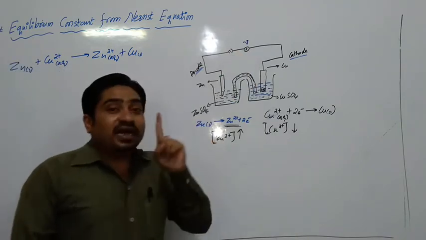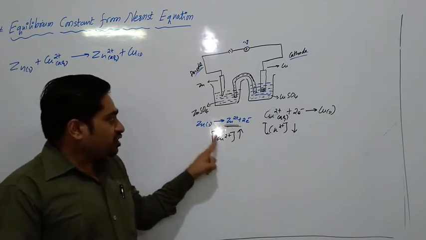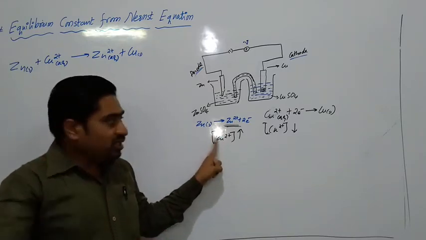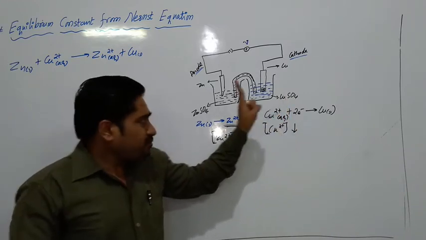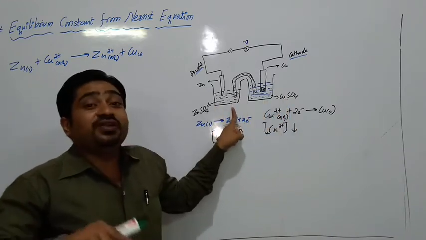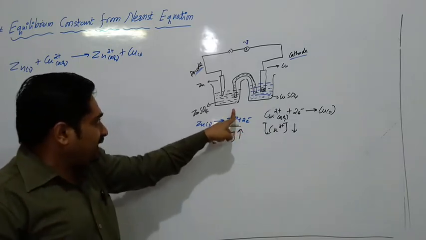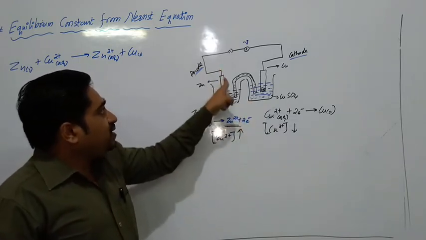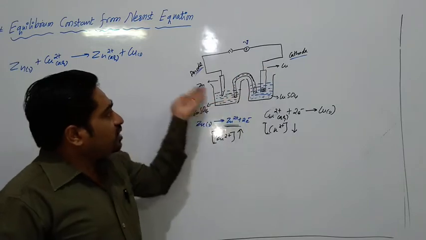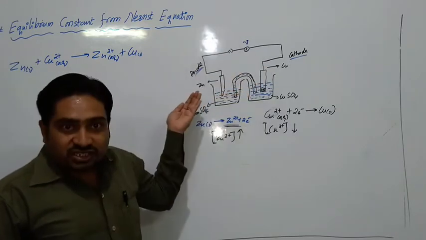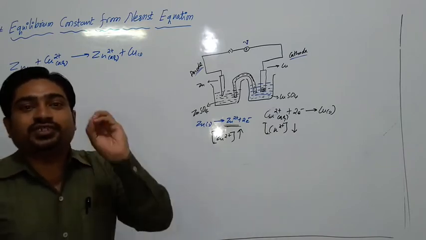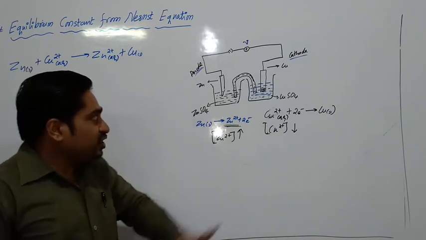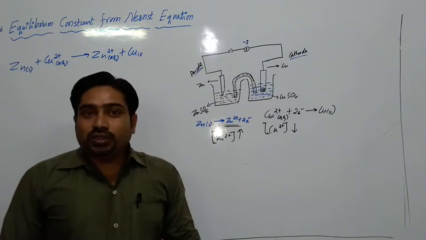So at equilibrium, the concentrations of Zn2+ and Cu2+ ions remain constant. At equilibrium, there is no transfer of electrons in the system. As a result, the voltage read in the voltmeter becomes equal to 0.